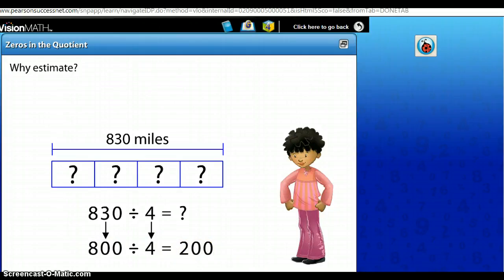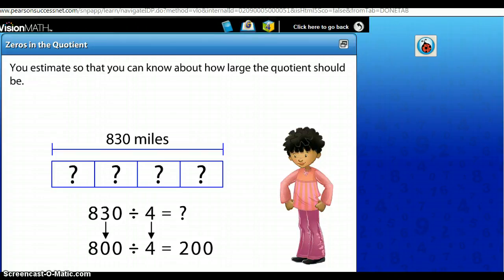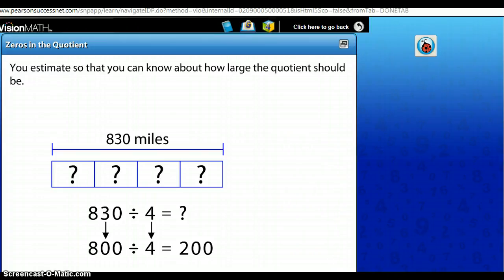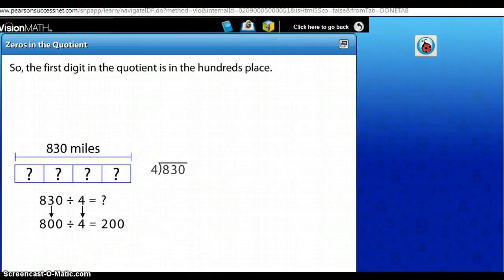Why estimate? You estimate so that you can know about how large the quotient should be. So we estimated first. Our actual answer, when we divide and we find the actual quotient, should be somewhat close to the number 200. So the first digit in the quotient is in the hundreds place.